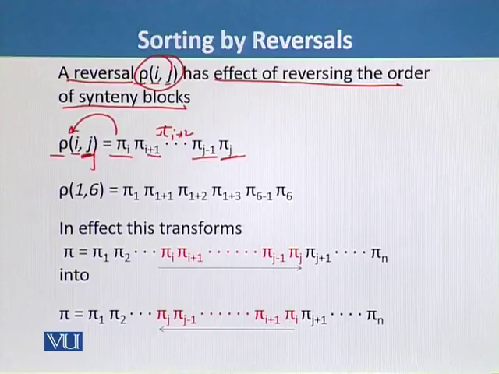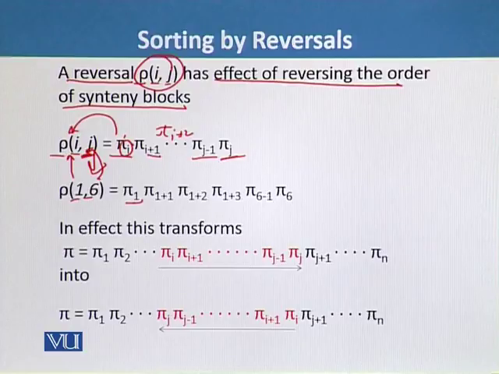For example, if we use the values 1 and 6, 1 for i and 6 for j, then we come up with the formula by replacing i with 1.